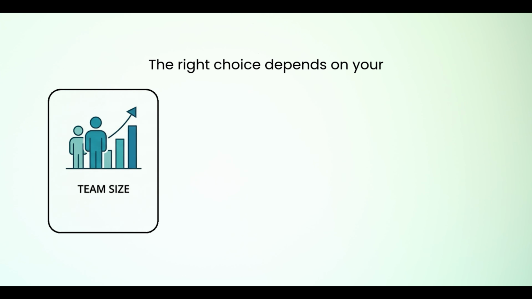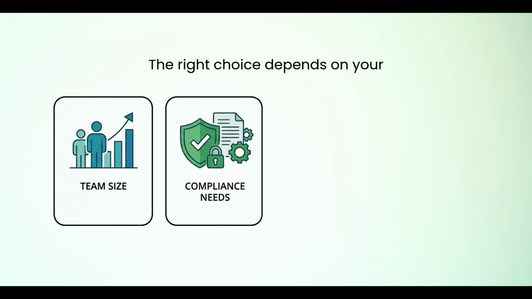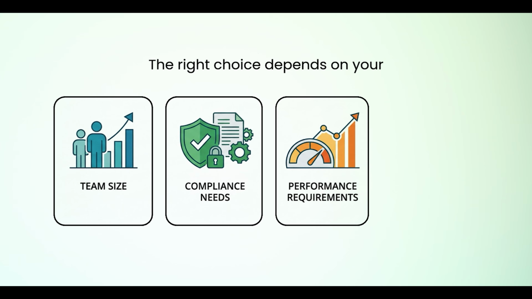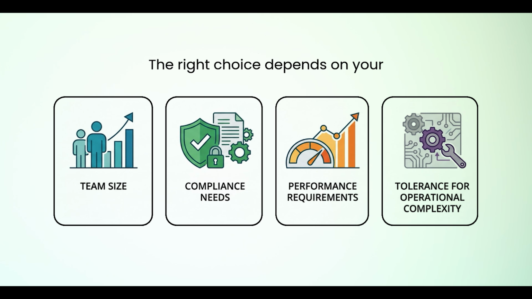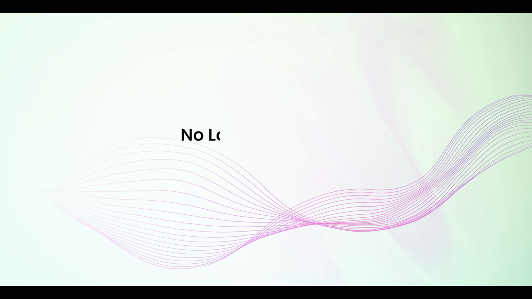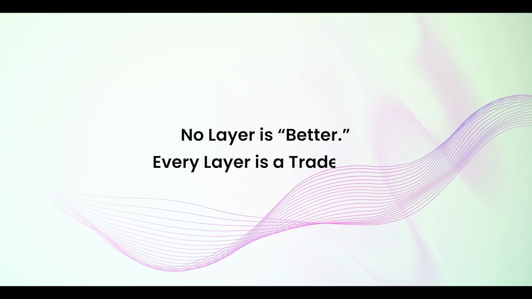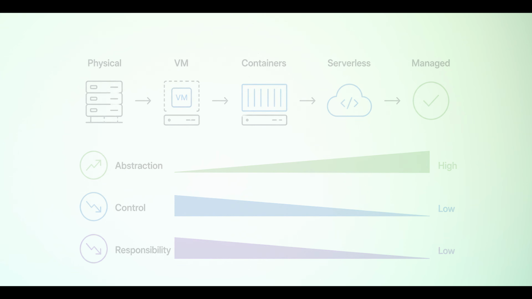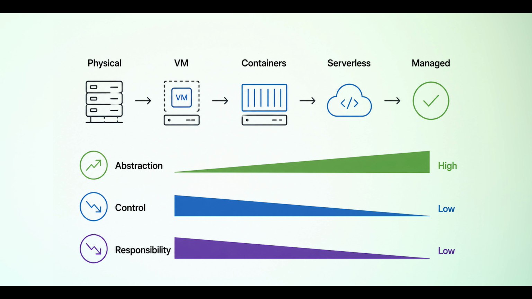The right choice depends on your team size, your compliance needs, your performance requirements, and your tolerance for operational complexity. No layer is better. Every layer is a trade-off. As abstraction increases, control and operational burden decrease. That is the core mental model.